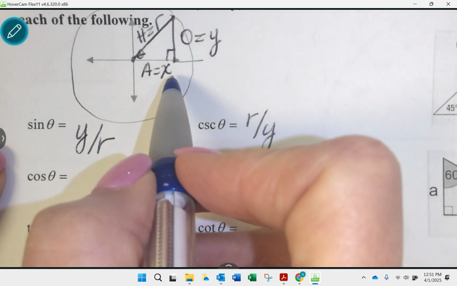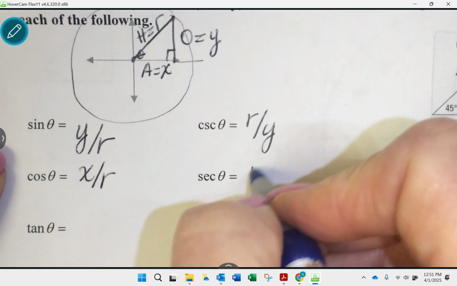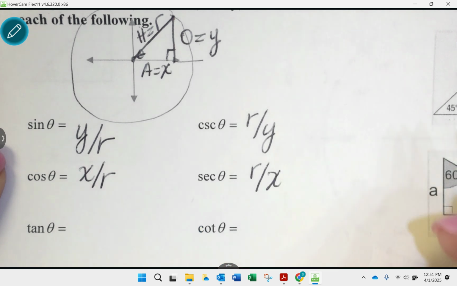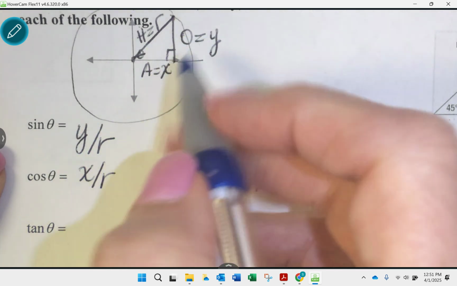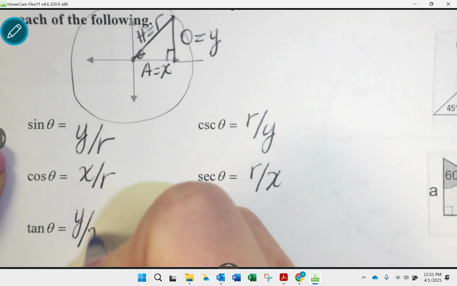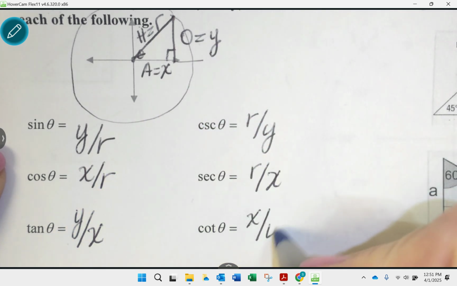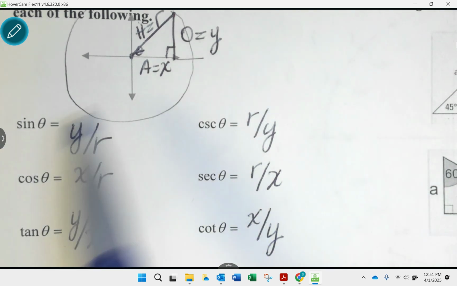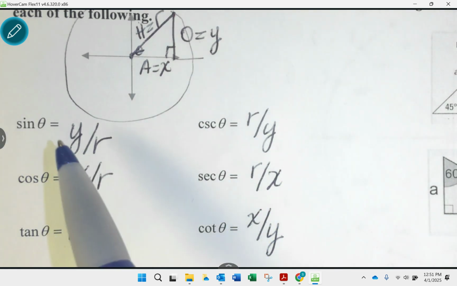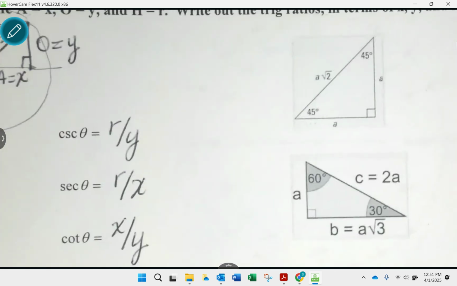Adjacent over hypotenuse, so x over r, and the secant is the reciprocal, right? And the tangent is the opposite over adjacent, so the y over x, and cotangent has to be x over y. This is the way I want you to get yourselves thinking of this. I want you to start thinking of it in terms of x, y, and r, okay?